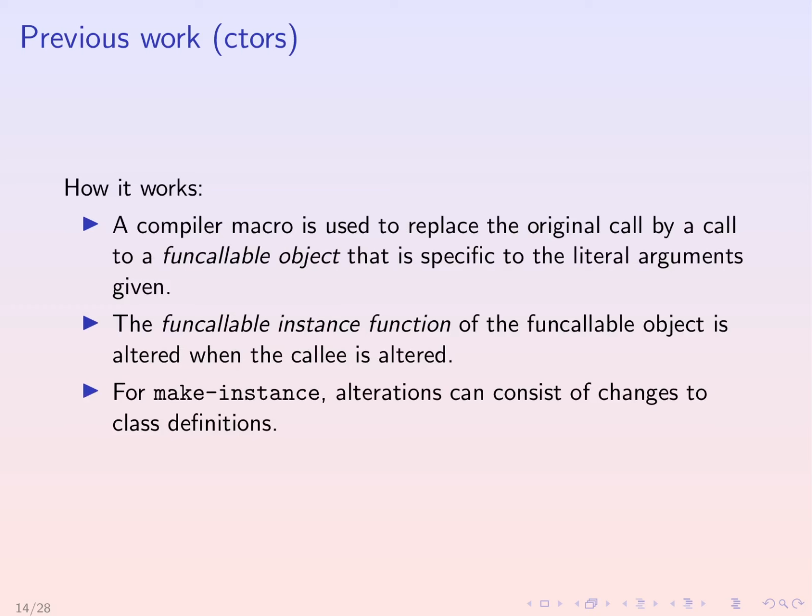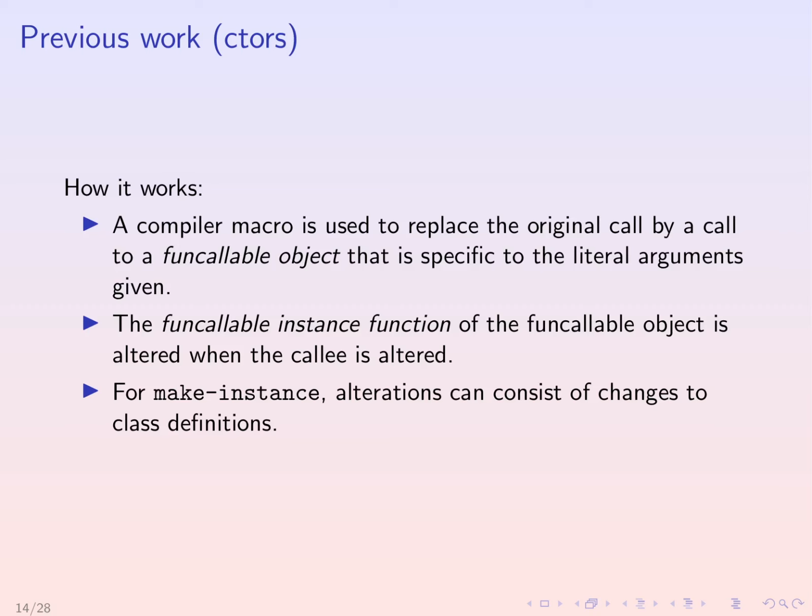So the way CTORs work is that a compiler macro is defined that replaces the original call by a call to what's known as a funcallable object. And that funcallable object is specific to the literal arguments that were given by the call. This funcallable object is typically created using the form load-time-value, so that it's available lexically at the call site.